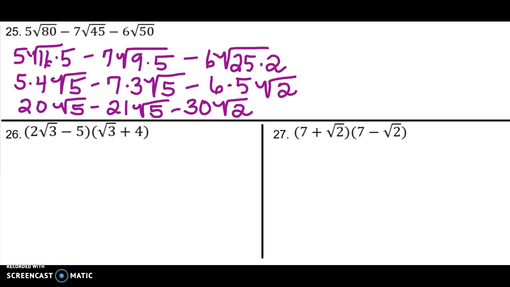So we see the first two terms have radical 5. So we have 20 square root 5 minus 21 square root 5. That gives me negative 1 square root 5. 20 minus 21 is negative 1, and then we're just going to bring along the 30 square root 2. We cannot combine those together because they have different radicals. And that's it.